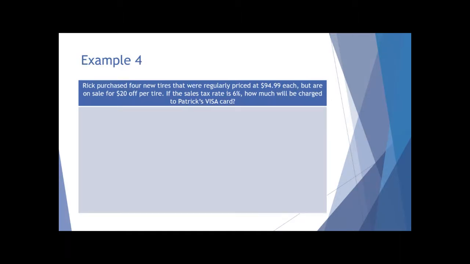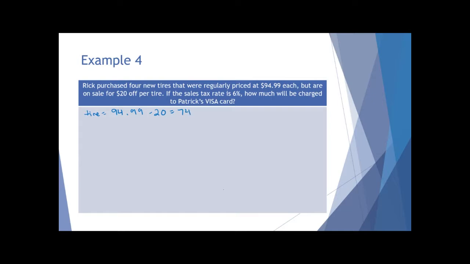So it's a multi-step process because we have to figure out how much the tire is after the discount, the $20 off. Then we have 4 of them, so we need to multiply that by 4. Then we need to add in the sales tax. So starting with the price of a tire, $94.99, and then there's $20 off.